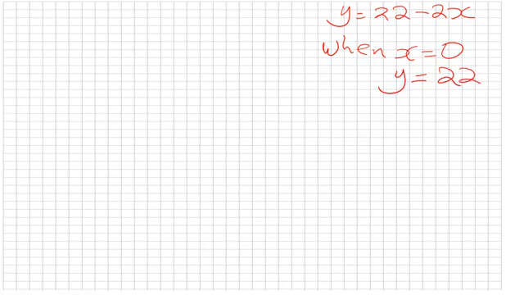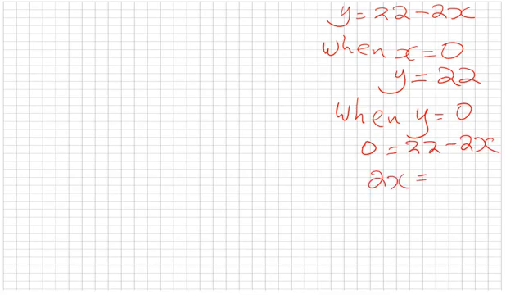Okay, when y is equal to 0, then 0 is equal to 22 minus 2x. So 2x is equal to 22, which means x will be equal to 11, dividing both sides by 2. Which means we can put up our Euclidean plane.